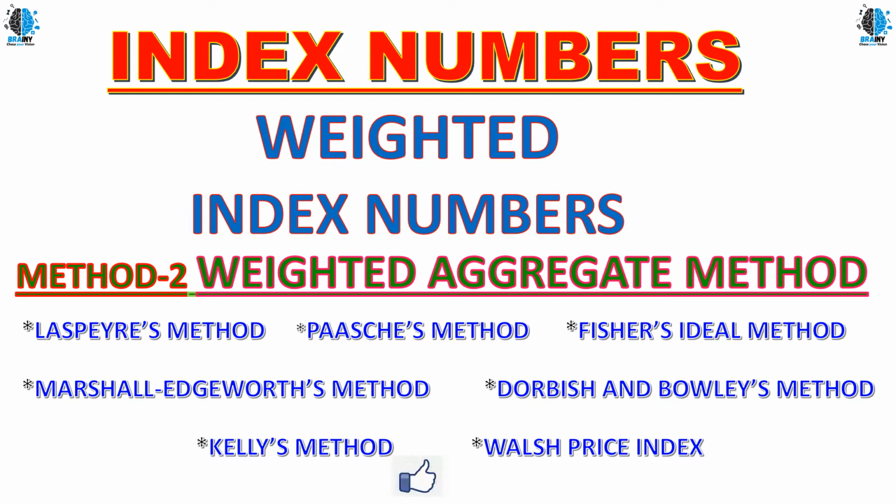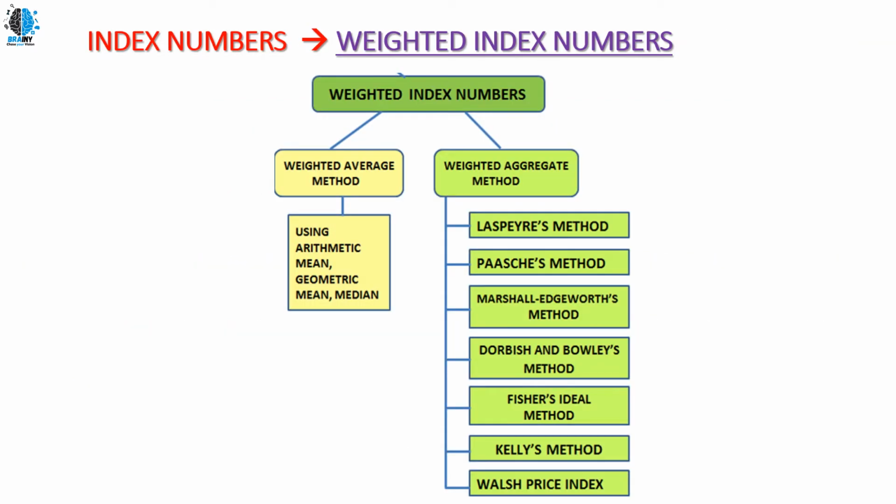So let's start with this weighted aggregate method, wherein you have 7 different types of index number. As you know, we have two types in weighted: the weighted average method and the weighted aggregate method.